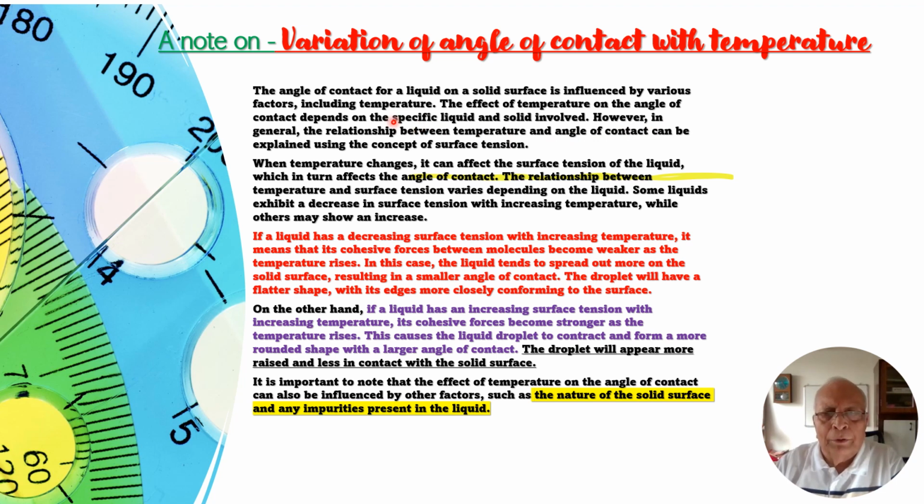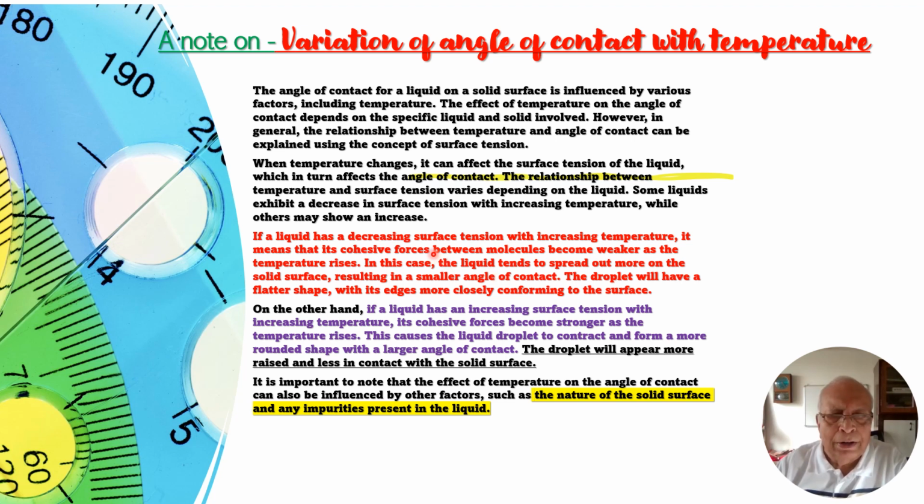The variation of the angle of contact with temperature depends upon a number of factors, such as the nature of the solid surface or impurities present in the liquid and nature of the liquid itself, and also the surface tension. Since the surface tension is easily affected by change in temperature, we have already seen, and therefore this results in a change between the cohesive forces and adhesive forces.